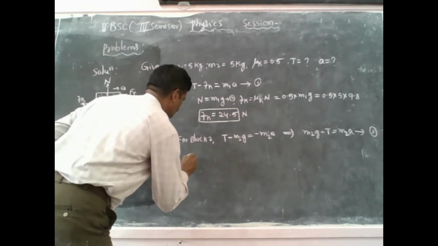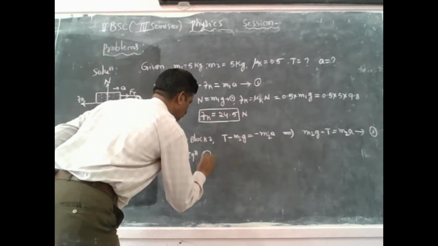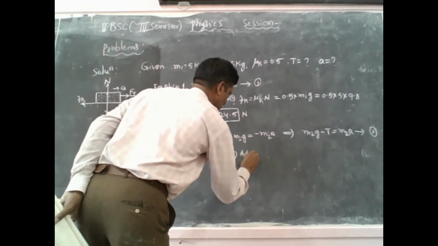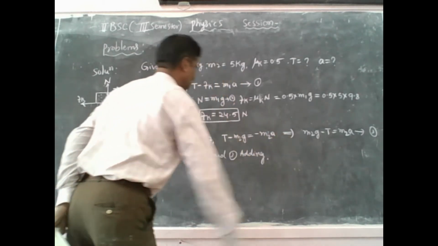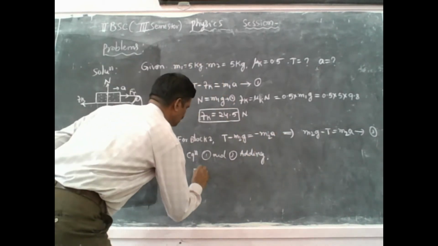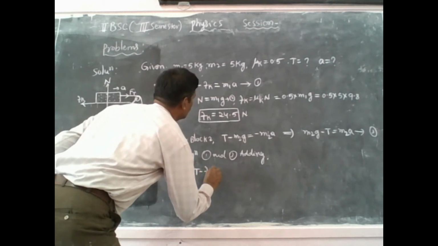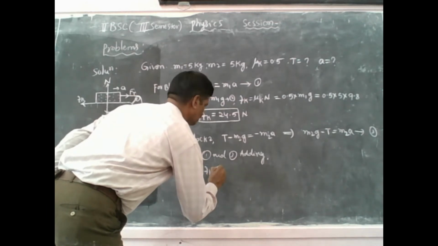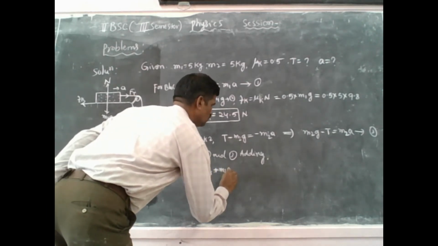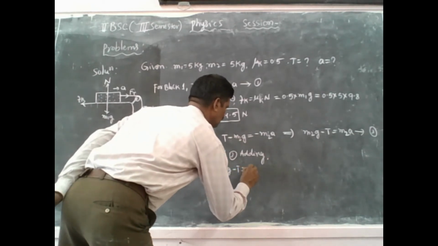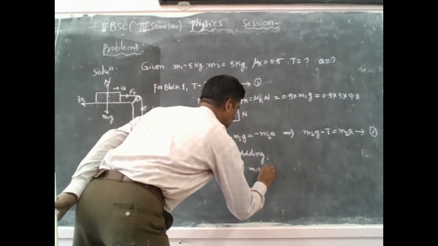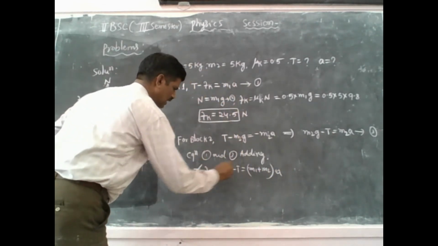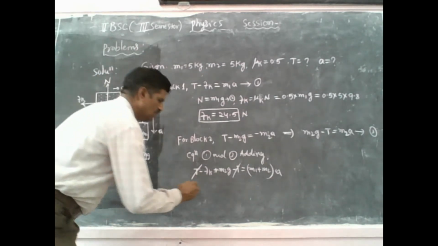Adding equations 1 and 3, we get T minus Fk plus M2G minus T equals M1 plus M2 into A, isn't it? So therefore, T and T get cancelled, and what is remaining?